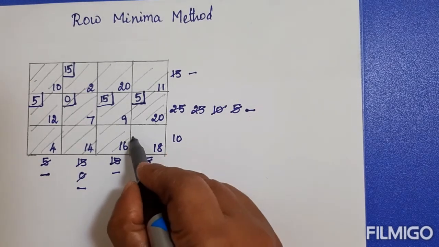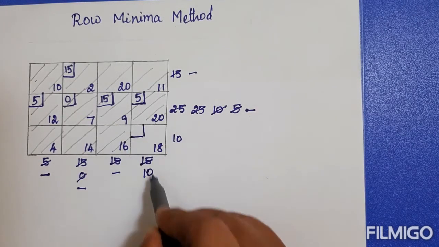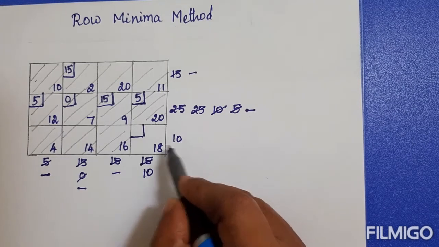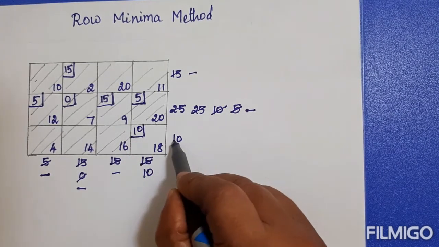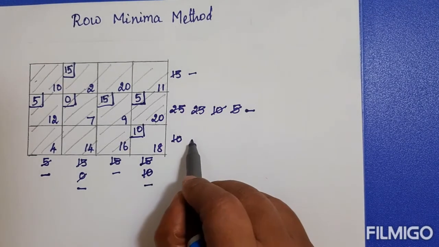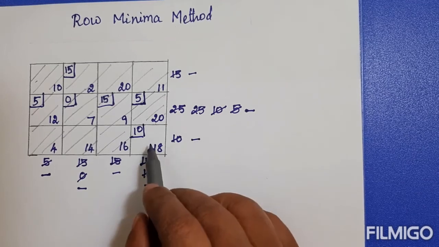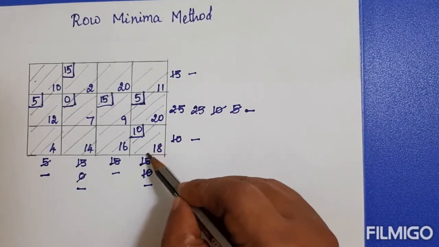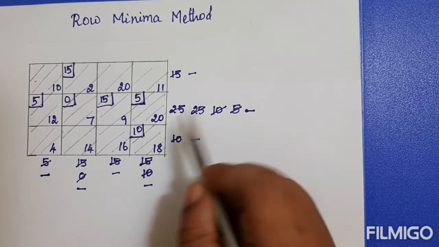Now we are left with only 1 cell. Minimum among 10 and 10 is 10. Then I crossed out both of these, and these 2 are exhausted, as this is the last cell. I crossed out this after allocating this.